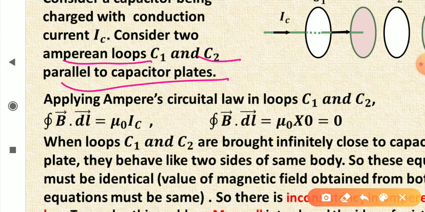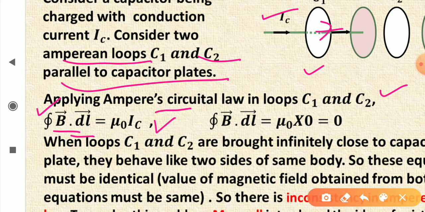Now applying Ampere's circuital law in loop C1 here and C2. Now for C1, the enclosed current is IC, conduction current. So the equation becomes the line integral of magnetic field B dot dl is equal to mu naught IC.